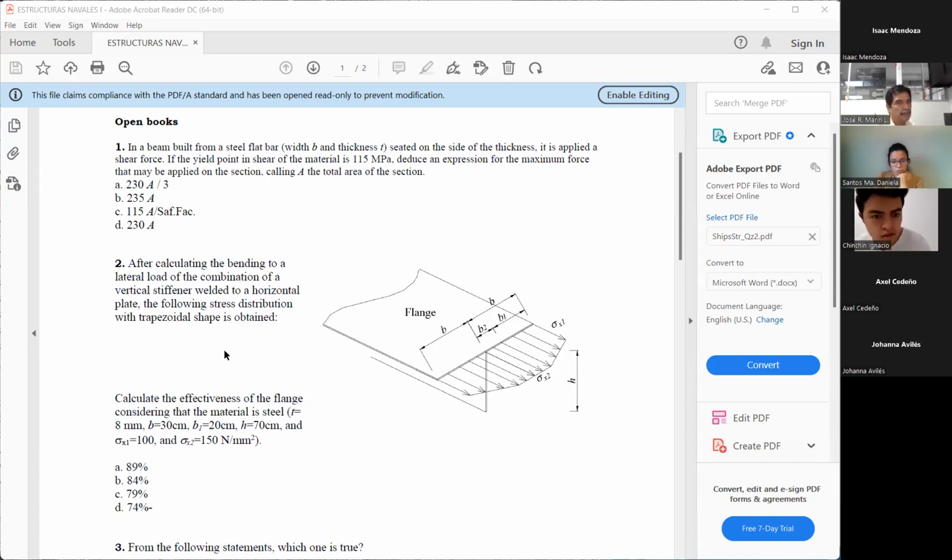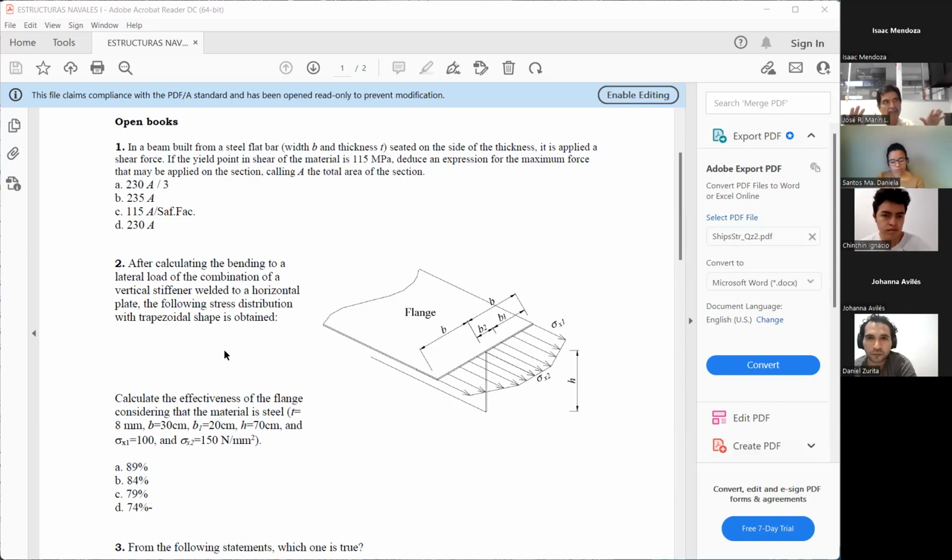Yes, doctor. Good morning. Number 2. After calculating the bending to a lateral load of the combination of a vertical stiffener welded to a horizontal plate, the following stress distribution with trapezoidal shape is obtained. Okay, so this is the distribution of the normal stress on the flange.